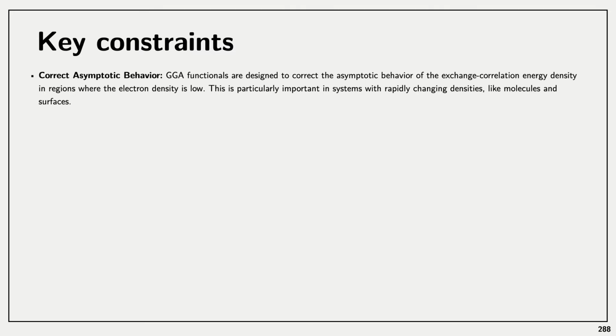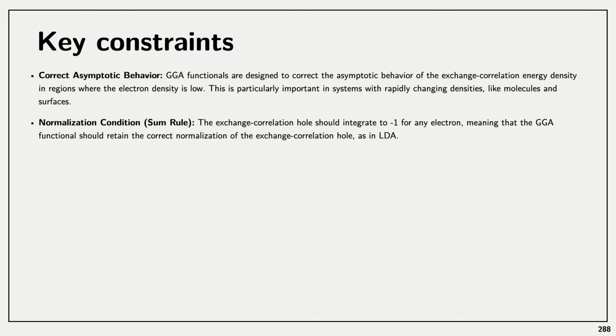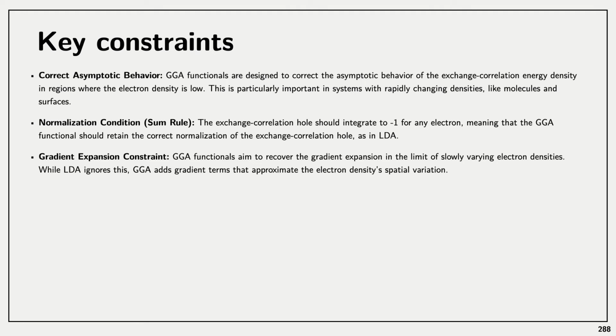So this is one of the important things. Another one we spent a lot of time on is the sum rule, which is that the exchange-correlation hole integrates to -1. This is a constraint that is imposed in PBE. We also have the constraint of GGA working for slowly varying electron density. That's an important thing.